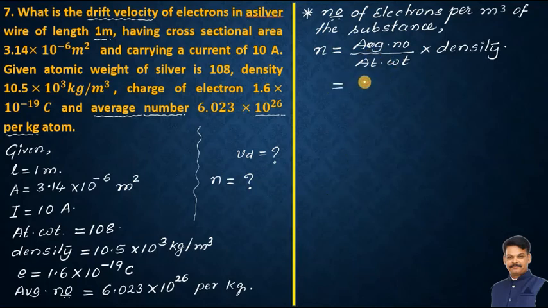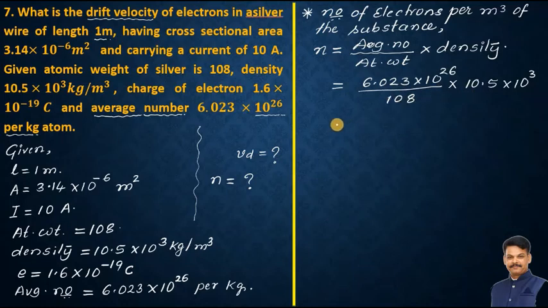Now let us substitute the values here. It is 6.023 into 10 raised to 26, whole divided by atomic weight 108, into the density of the material, 10.5 into 10 raised to 3 kg per meter cube.